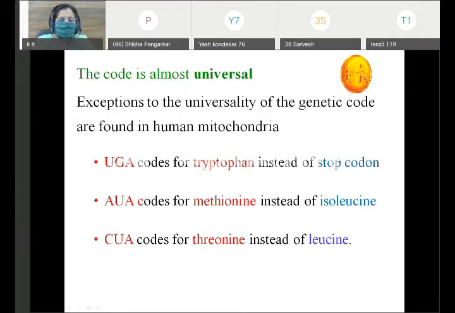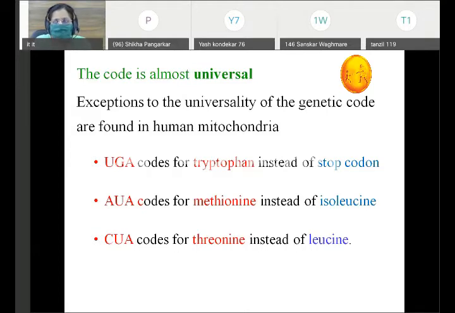Now, the genetic code is universal. Universal means that in each of the organisms, a codon will represent the same amino acid, not only in human beings. If a particular codon is taken, it will specify a particular amino acid. It is called universality of genetic code, but it has an exception. Take a note of it.